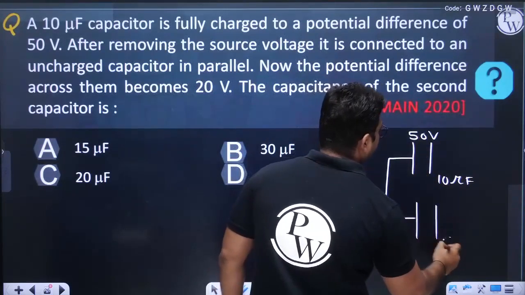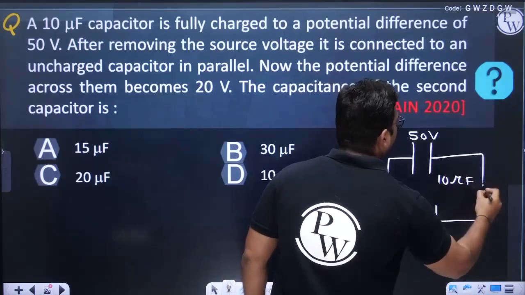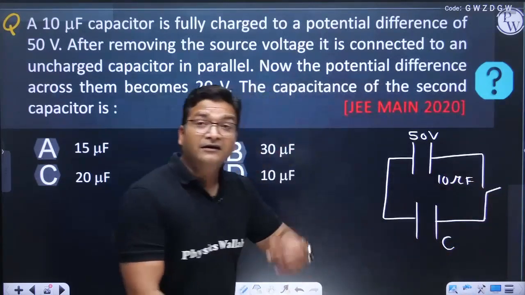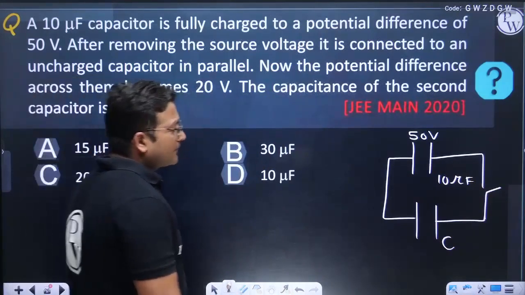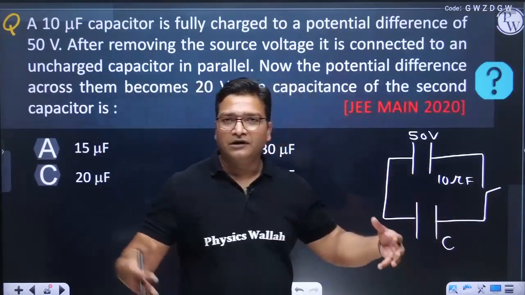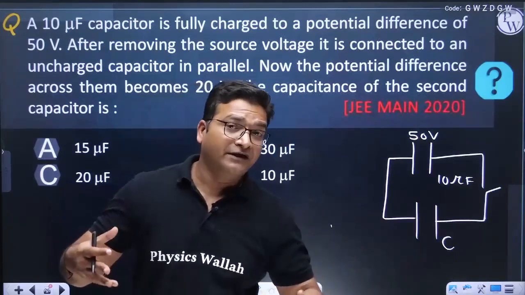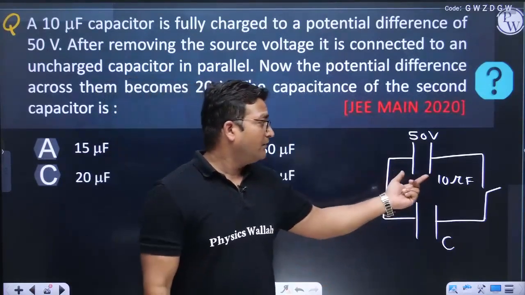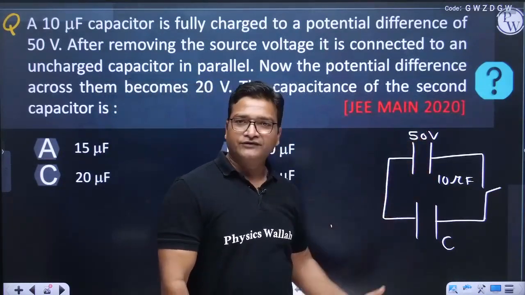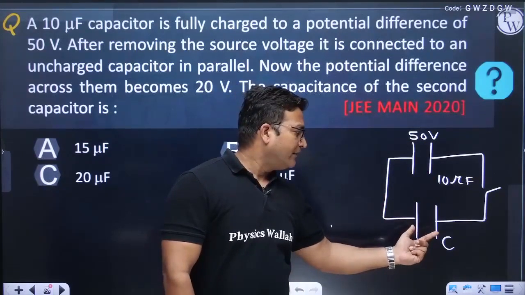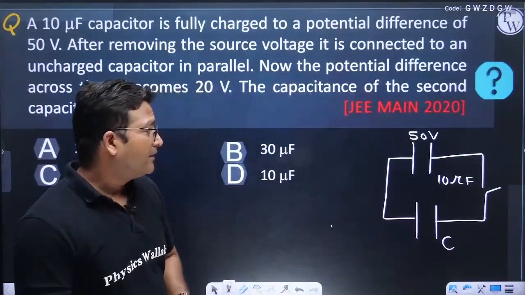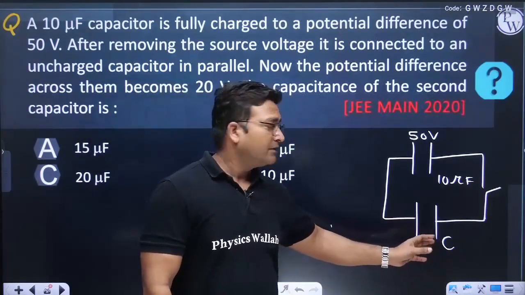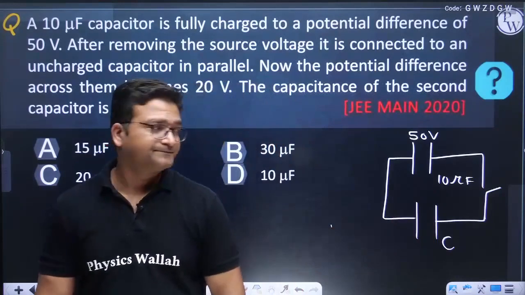Another capacitor, let's say C, and now when they are connected, the final voltage becomes 20 volt. As you know, this is similar to a collision where one ball having some velocity collides inelastically with a ball of some mass C having no velocity.